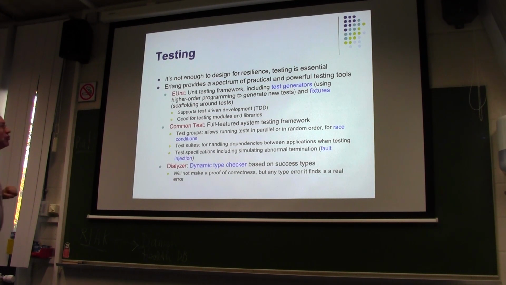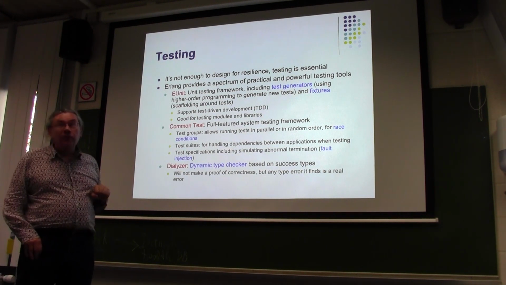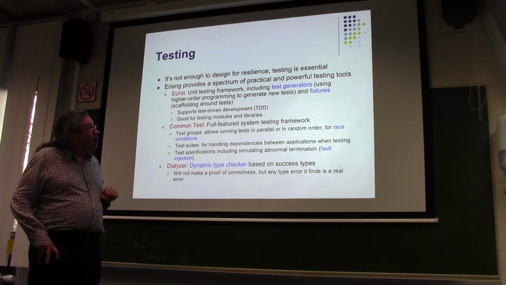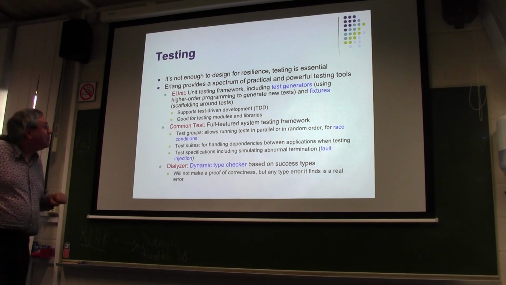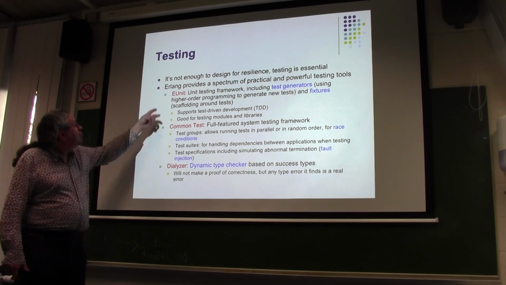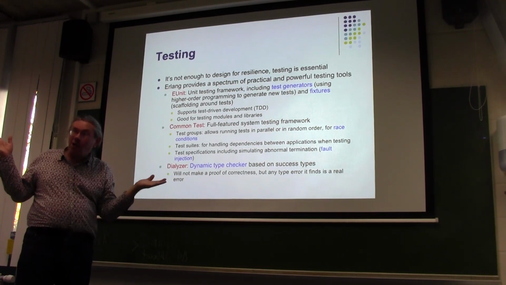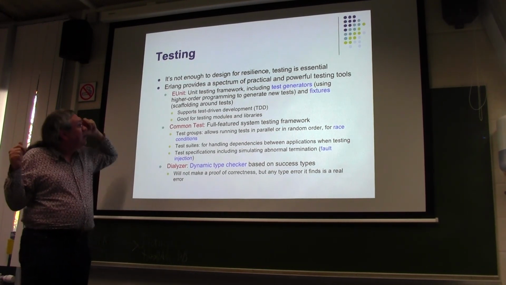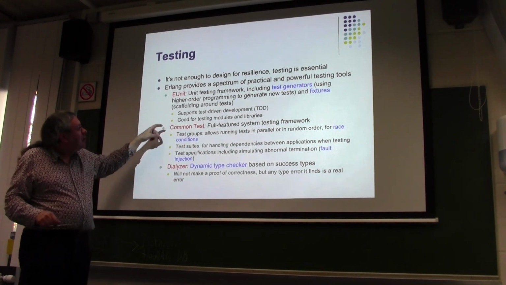One other thing I want to mention is testing. So Erlang has a lot of testing tools. Okay? So of course, for all systems where you want to build realistic large applications, you need testing. So Erlang has a whole spectrum of testing tools. So unit testing. You have done unit testing, right, in other courses, I hope. So this lets you do test generators, scaffolding.